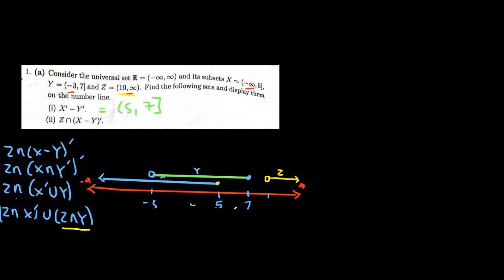Then I have the other side, where I have Z intersection X complement. So we said our X is from negative infinity to 5, and it's closed at 5.